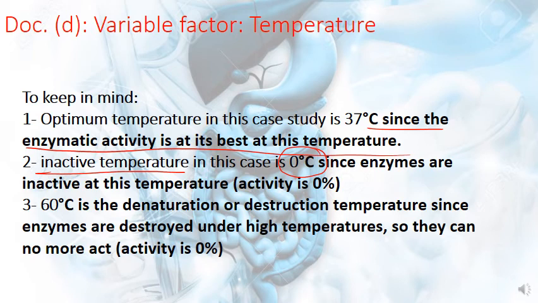So the enzyme is going to be inactive at a temperature of 0 degrees Celsius, while 60 degrees is the denaturation or the destruction. The enzyme will be destroyed at high temperature. Even if we give it back to 37, this enzyme will not work because the enzyme is denatured or destroyed. So you have to know both: denatured or destroyed.